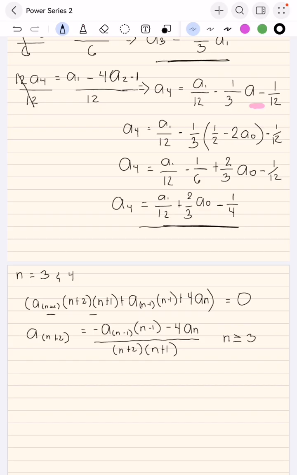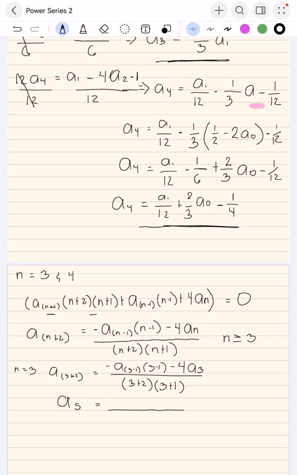So for n equals 3, that would be a 3 plus 2 is equal to negative a 3 minus 1 and 3 minus 1 minus 4 a 3, over 3 plus 2 and 3 plus 1, in which this would be equal to a, this would be 5.